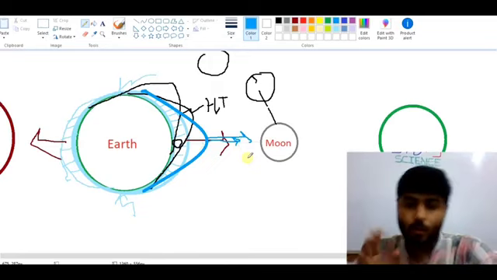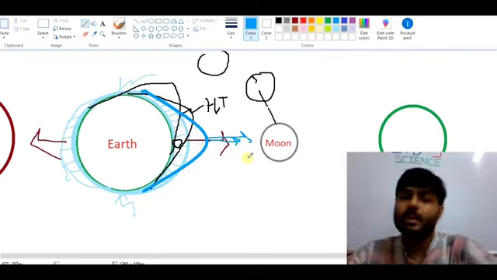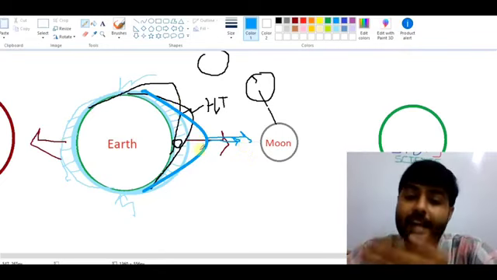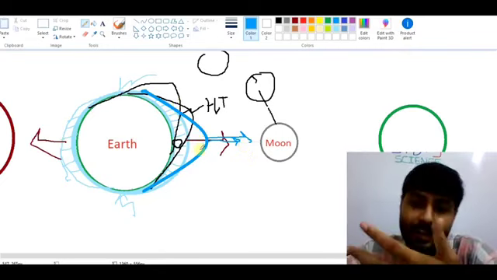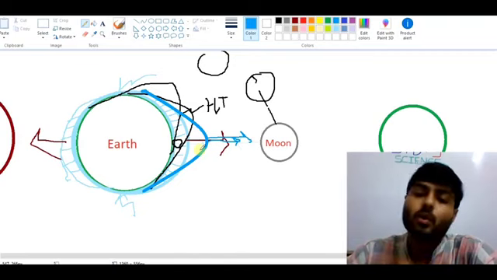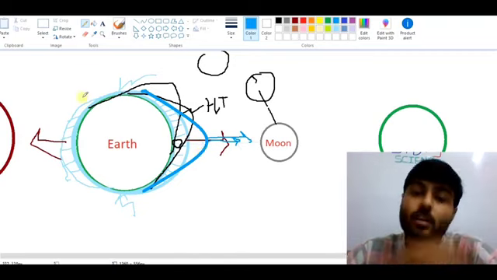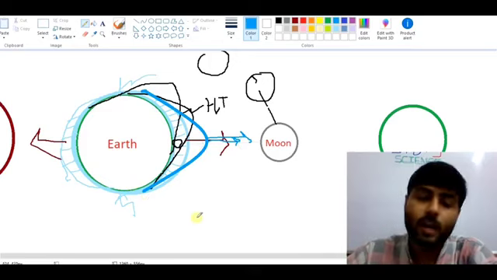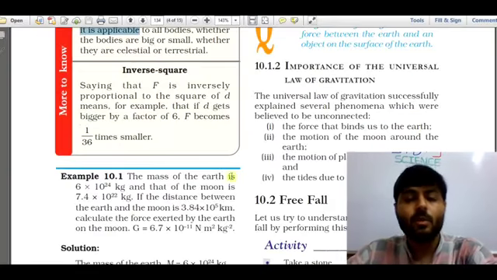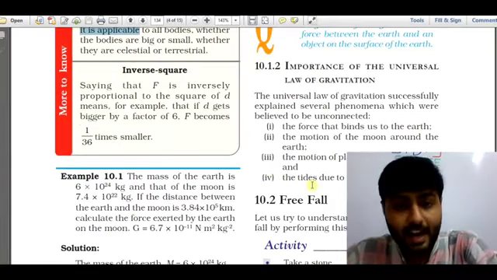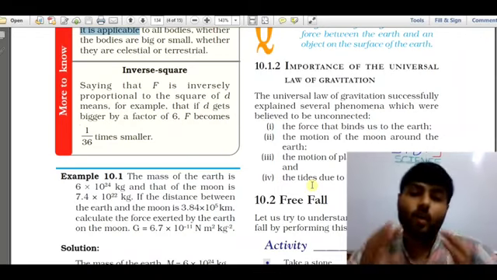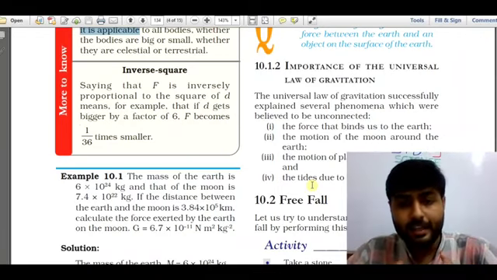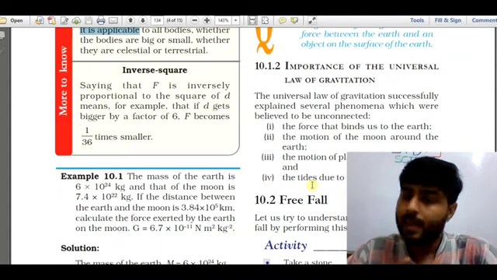So both forces act in the same direction. So high tide is comparatively higher, and low tide is also comparatively higher on the other side. Now I hope you understood why high tide and low tide occur on earth due to gravitational force of moon and sun.